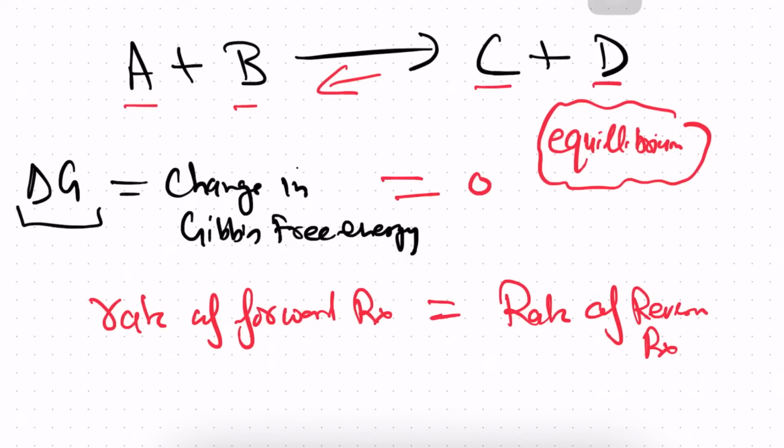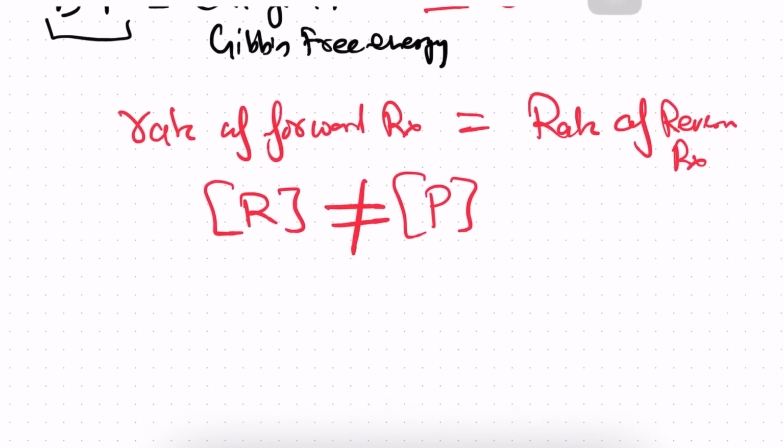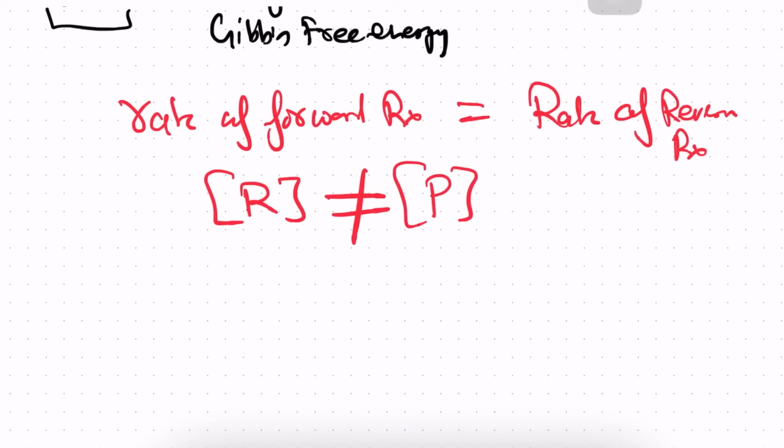Let's suppose A and B react and form C and D; likewise C and D react, and in the backward direction A and B are formed. Same rate. Keep in mind this is not the concentration. At equilibrium, the concentration of reactant is not equal to the concentration of the product.